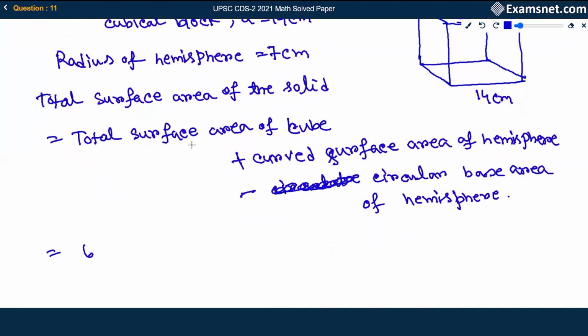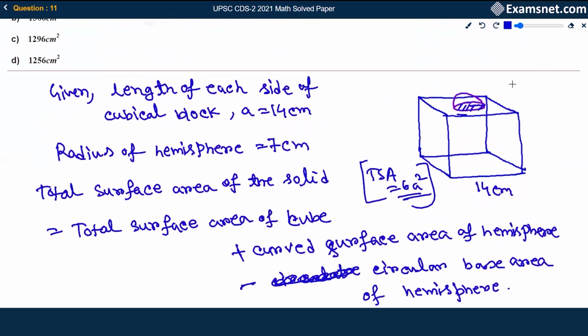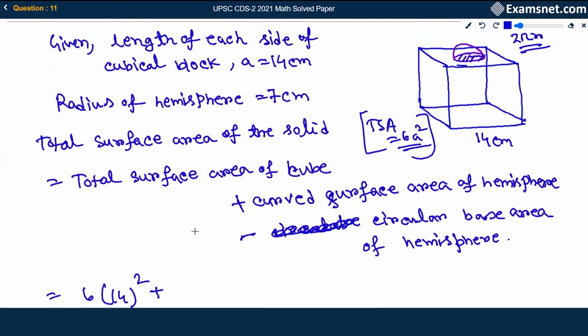So the total surface area for a cube, the formula is 6a squared, where a is the length of one edge. Okay, so here a is 14 centimeter, plus curved surface area of a hemisphere, that formula is 2 pi r square, where r is the radius.